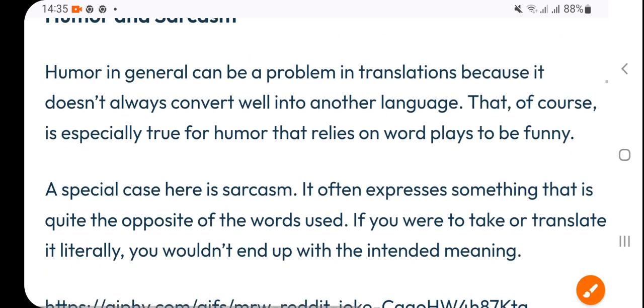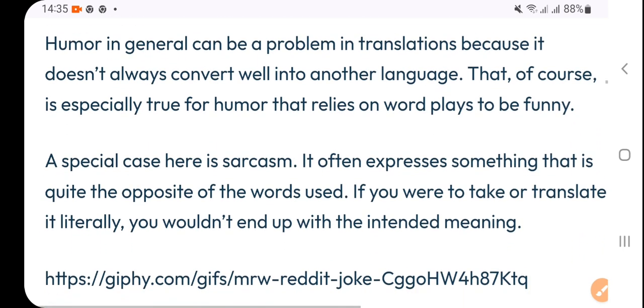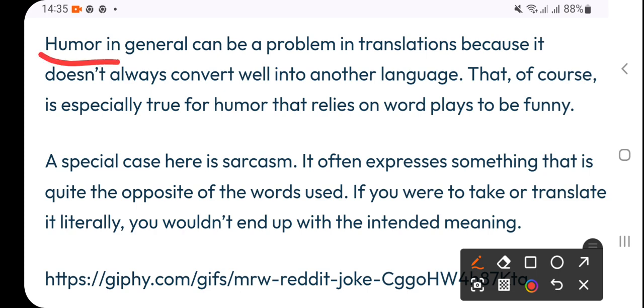Now next is humor and sarcasm. Humor in general can be a problem in translation, because creating humor is already a big challenge, and in translation it does not always convert well into another language. That is especially true for humor that relies on word play to be funny.